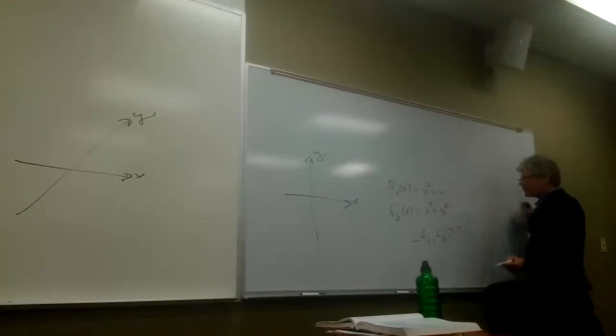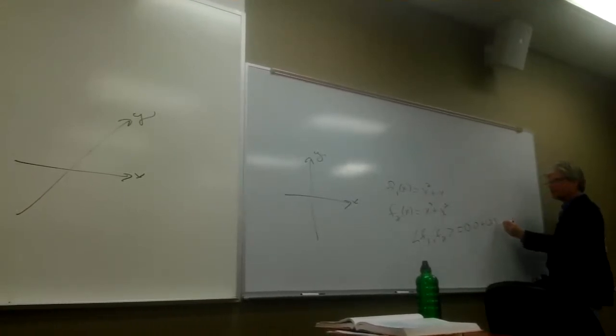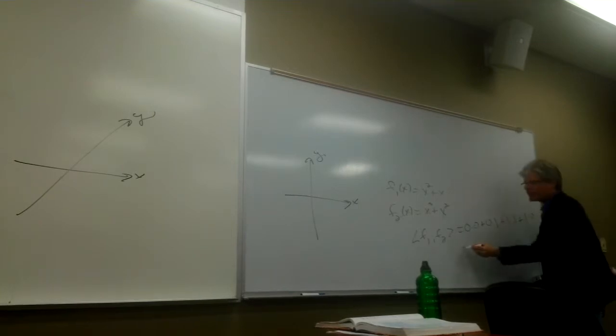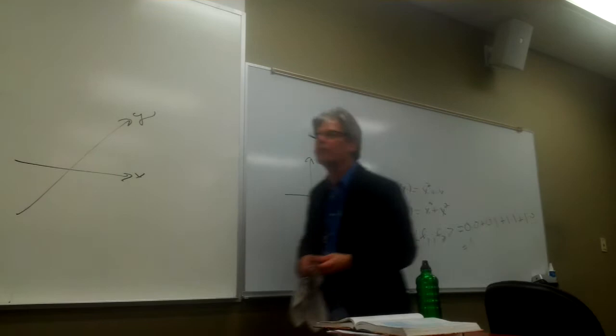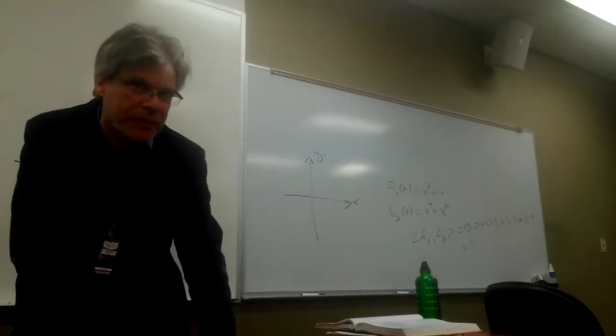It's the product of the constant terms, plus the product of their coefficients for x, plus the product of the coefficients for x squared, plus the product of the coefficients for x cubed, which works out to positive 1. So relative to that inner product, those two vectors, those two functions, f1 and f2, are not orthogonal relative to the standard inner product.